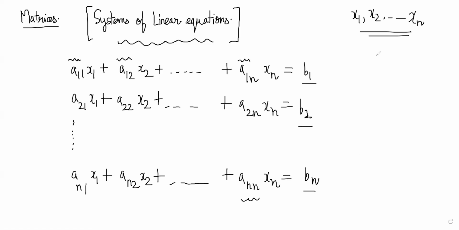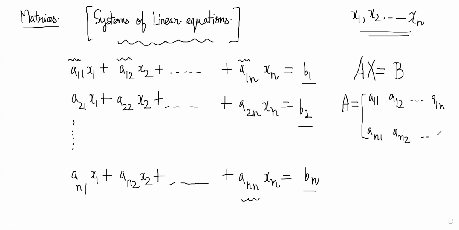So this system of equations can be easily represented using matrices. And you can write A times X is equal to B, where A is your n cross n matrix of coefficients. This is your A. X is your column vector with variables x1, x2, xn.